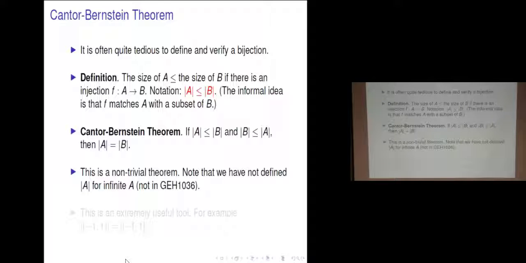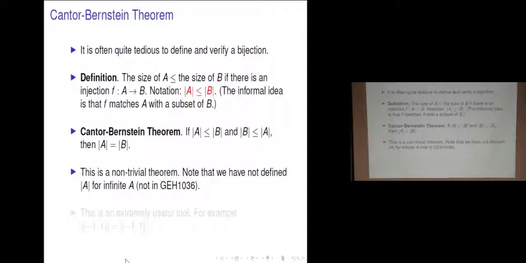we always talk about two sets at the same time. We never define the meaning of the size of A for an infinite set. For a finite set, we say we count. For an infinite set, we haven't defined it. All we are able to do is compare. We do not know the absolute size of a set. We can only say this one is bigger than the other one or they are the same, right?